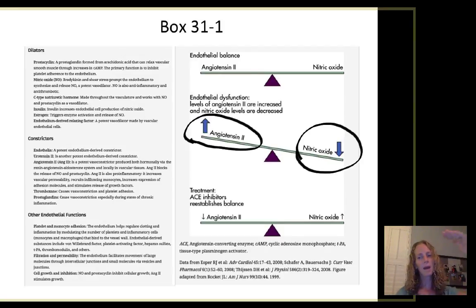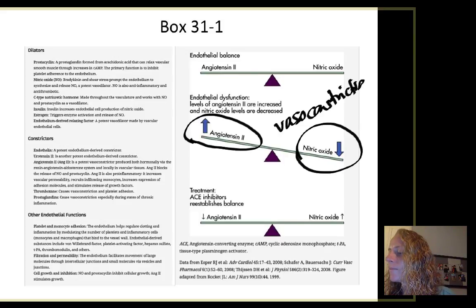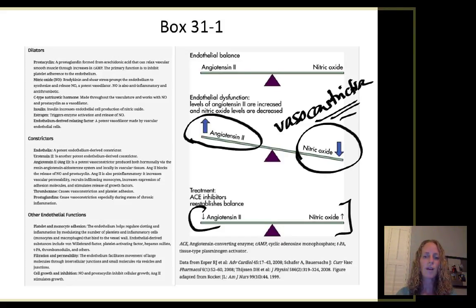In this case, the balance is disrupted, and you're going to be pushed towards vasoconstriction. Treating with ACE inhibitors can reestablish that balance and regulate the vasoconstriction to keep the blood pressure from getting too far tipped towards high blood pressure.